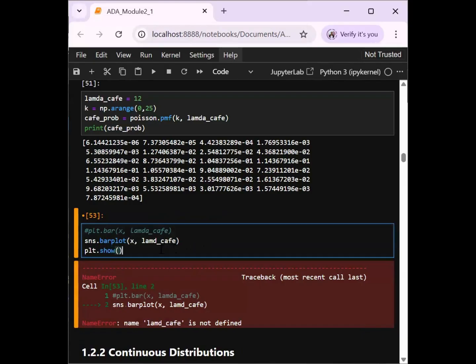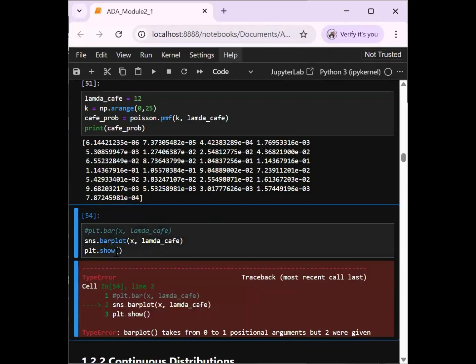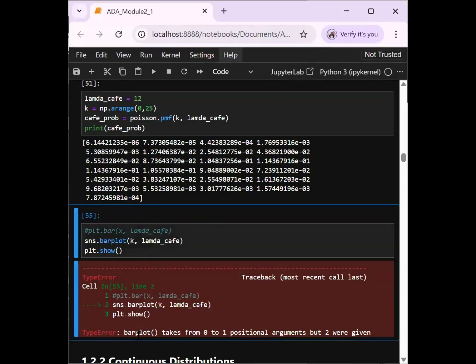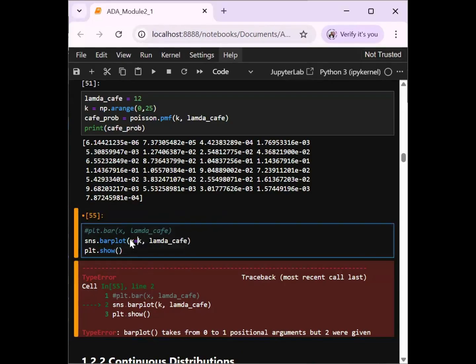I did not add an argument after the lambda. Then you're also supposed to change to k, I think. There's a lot of things. We see barplot x takes only one argument, so let's say our x is equal to this, and our y is equal to this.